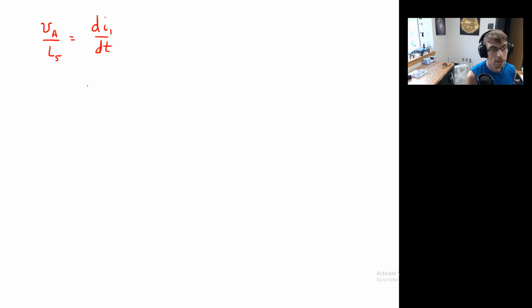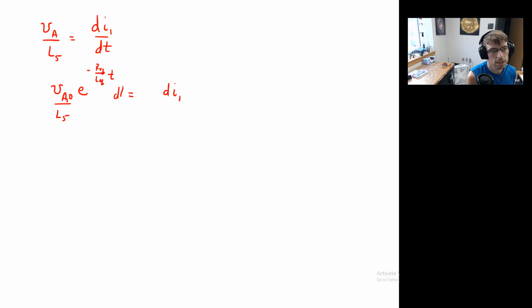So what do we have here? Well, we're going to have to take our expression. So VA naught, I'll leave it like this, e to the negative REQ over LEQ times t. And then we have this inductor value in there is equal to di1.